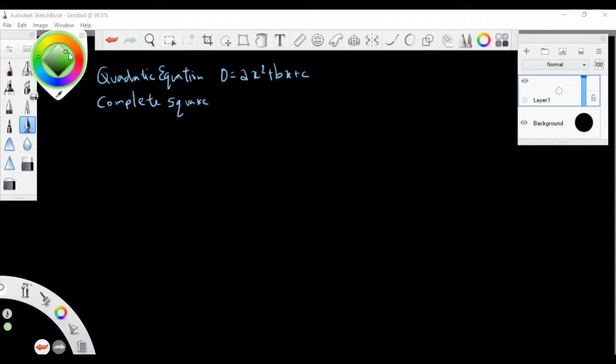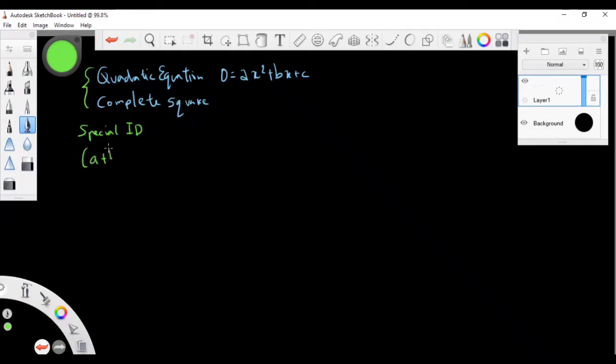Before we learn about completing the square, I will give you the basics. What you need to know in order to follow this solution is the special identity.